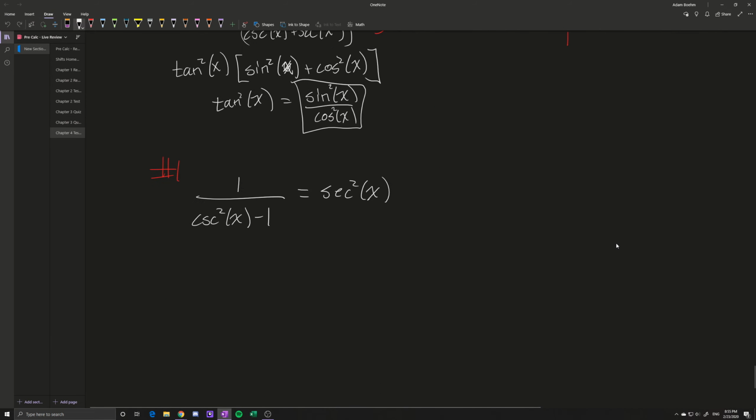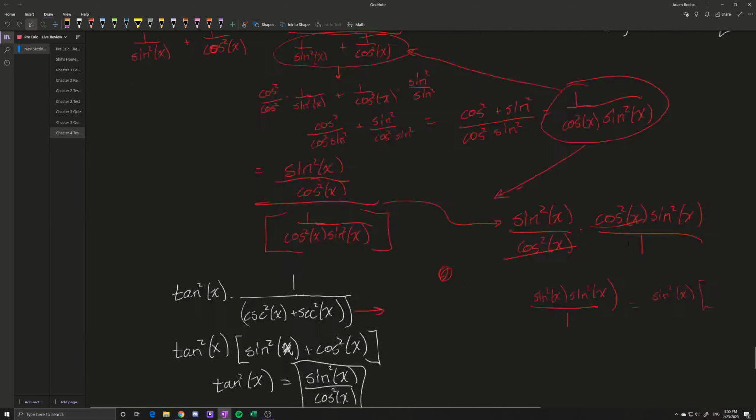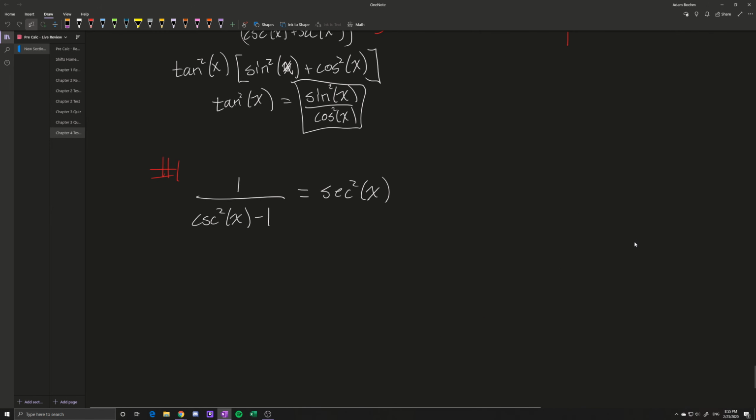One of our identities is cotangent squared plus 1 is equal to cosecant squared. If we rearrange this and subtract 1 from both sides, we get that cotangent squared of x is equal to cosecant squared of x minus 1.